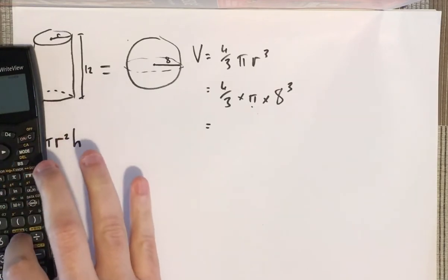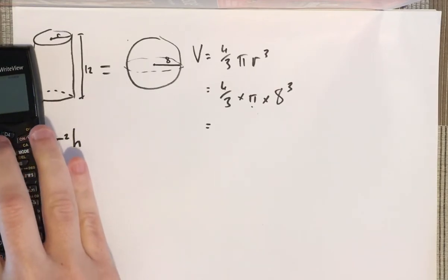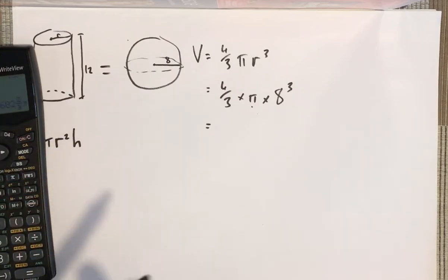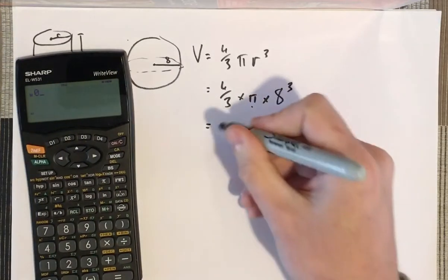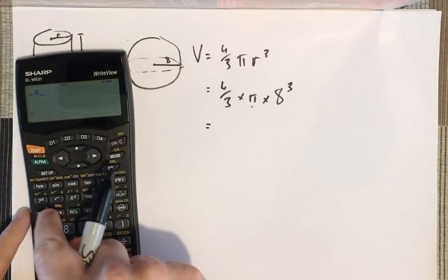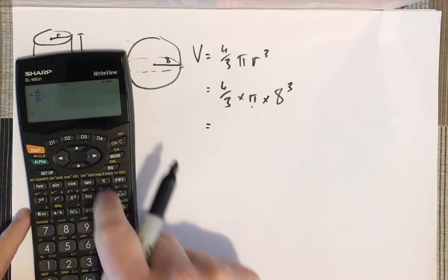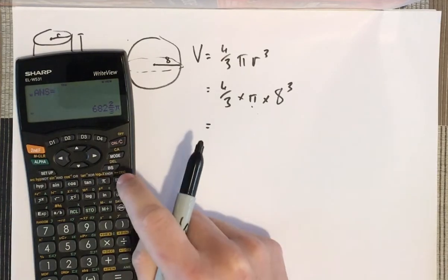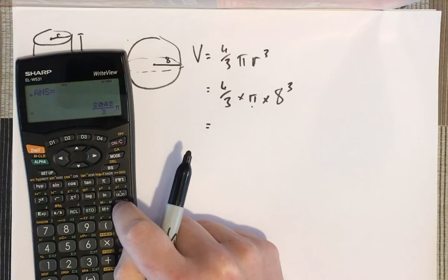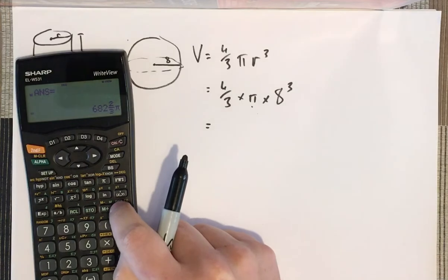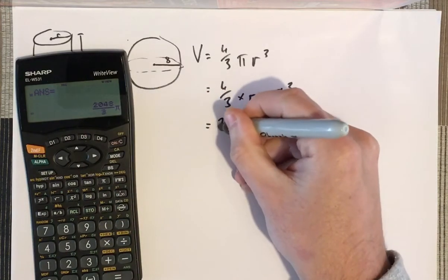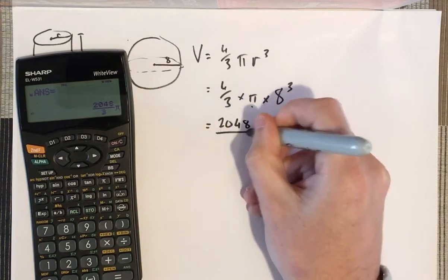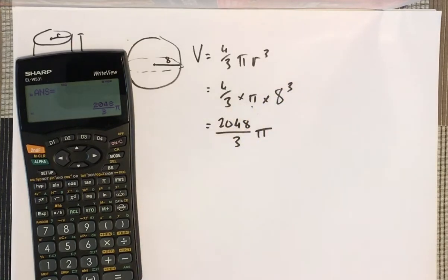That is 682 and 2/3 pi. You can write it as 2048/3 pi. I wouldn't write it as that, I would leave it in terms of pi. So I might just write it as 2048/3 pi, which is just the same thing as that.